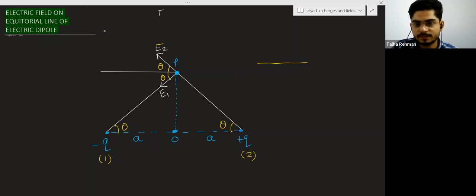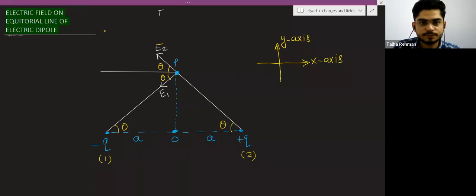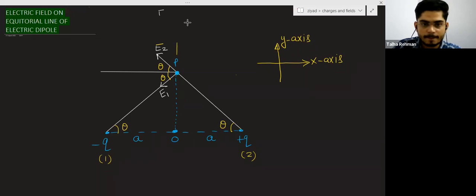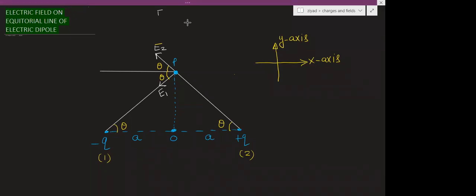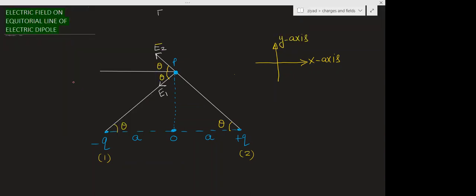This horizontal line is the x-axis, and this vertical line is the y-axis. Now see here. This is E2.